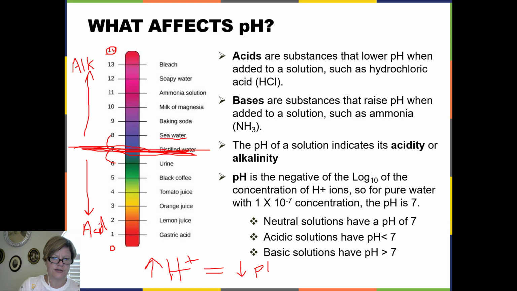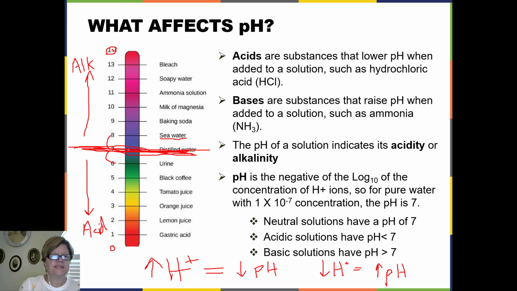The higher the hydrogen ion concentration, the lower the pH number. And inversely, the lower the hydrogen ion concentration, the higher the pH number. And mathematically, there's a reason why that's true, but we're not going to get too deep into it.